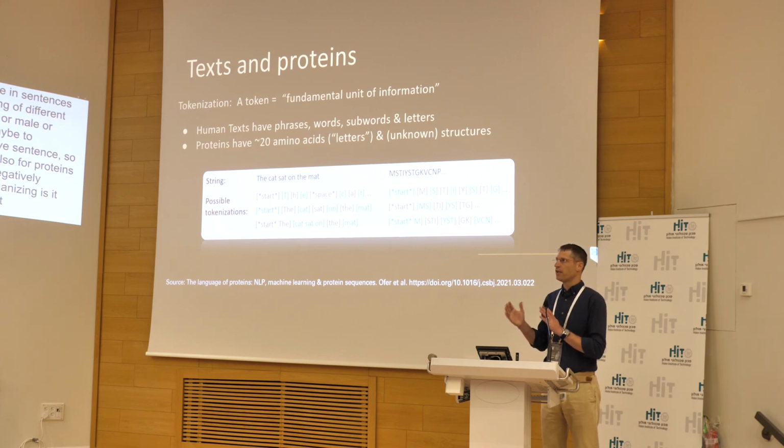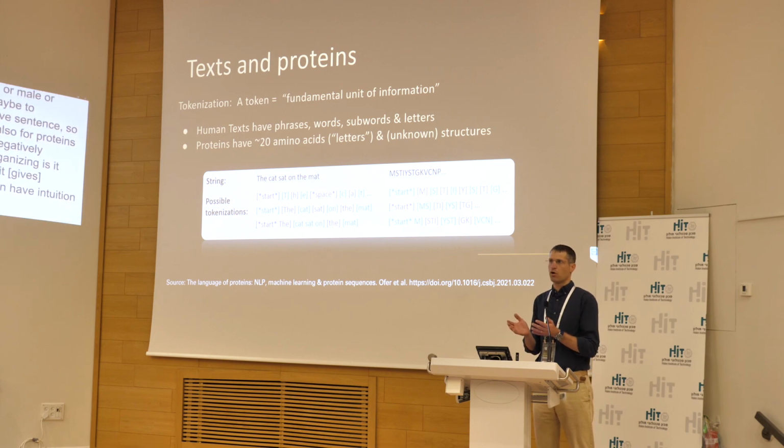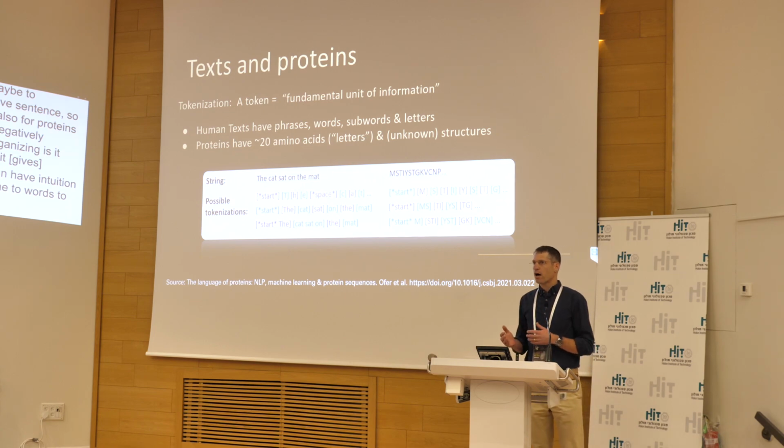When you think of text, we have some intuition of what the tokens are. We can talk about letters, which combine into words, sub-sentences, sentences, paragraphs, and the complete text. In proteins, it's not very obvious how to split the whole sequence.